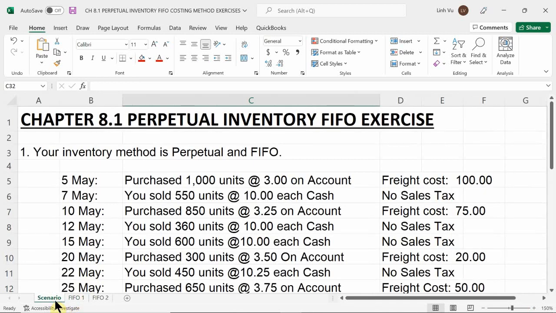So May 7, you end up selling 550 units at $10 each for cash, no sales tax. So again, we're not practicing journalizing because we already did that in the last two sections. So in this case, I sold 550 units. Okay?